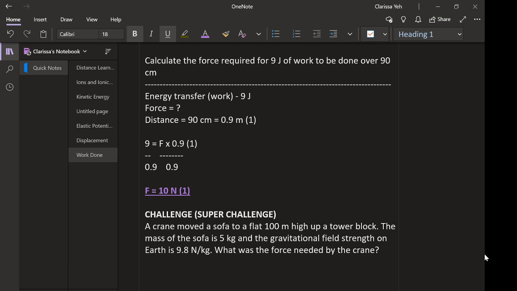Calculate the force required for 9 joules of work to be done over 90 centimeters.